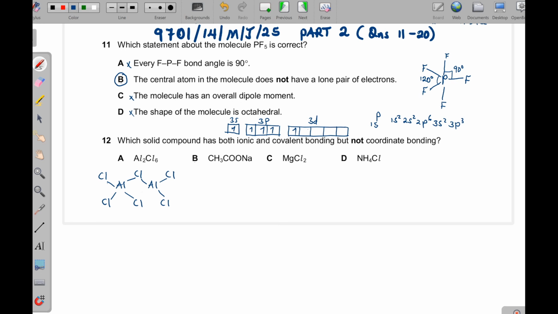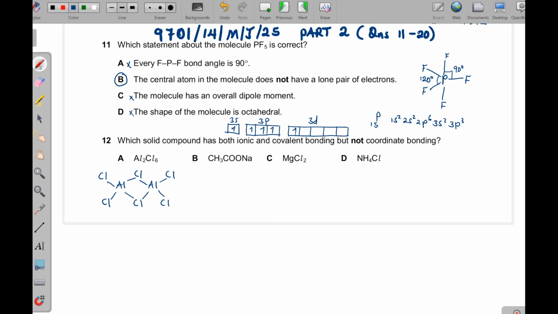Now aluminium has 3 electrons, so those are the ones it is going to share with the chlorine.